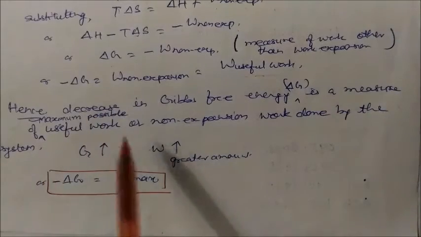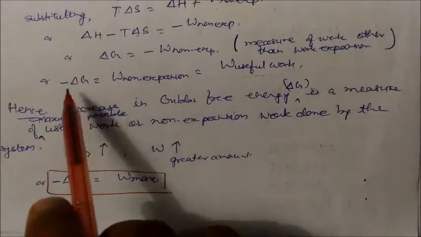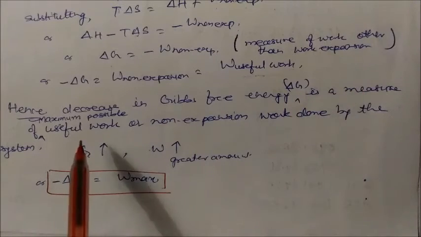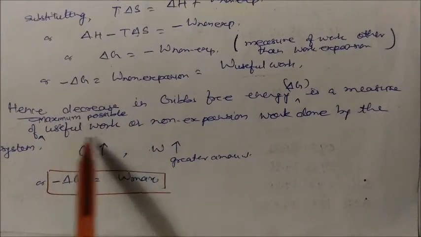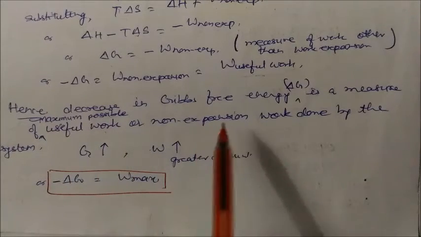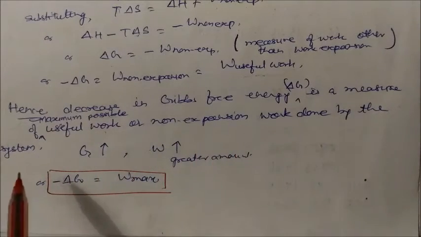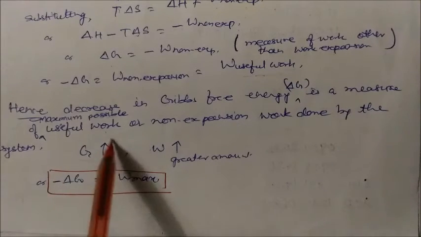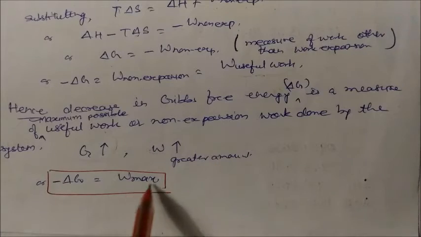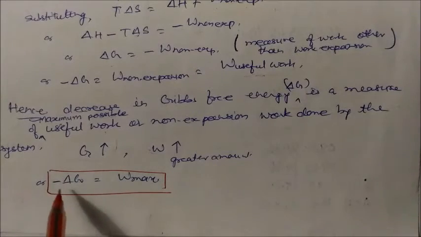Hence the decrease in Gibbs free energy, the delta G, is actually the measure of the useful work, the maximum possible useful work or non-expansion work done by the system. So whenever the free energy decrease is greater, definitely the work will also be a greater amount, and this becomes maximum at maximum change in energy.